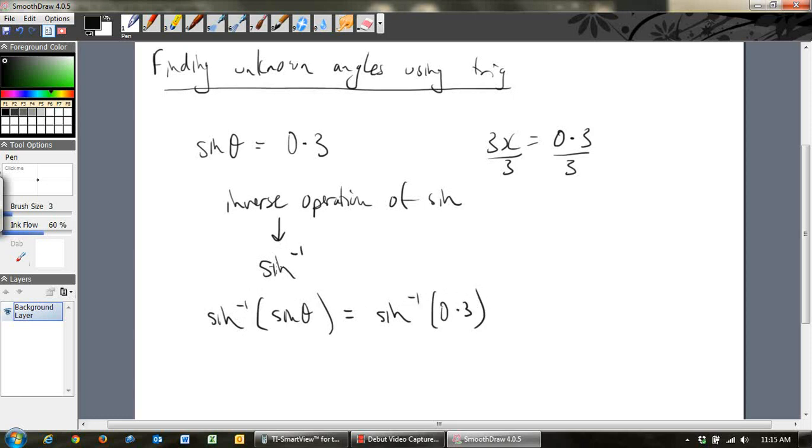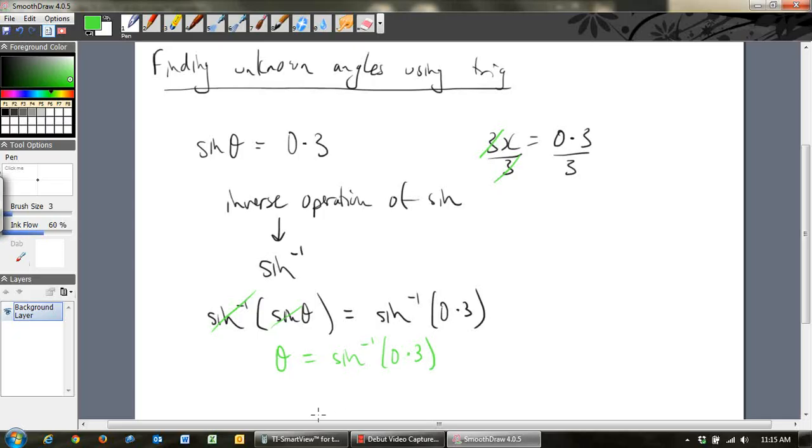Can you see how we applied sine -1 to both sides here? And just like when you times and divide and that 3 will cancel out with that 3, this sine -1 will cancel out that sine. It undoes it. And so what you're left with is theta equals sine -1 of 0.3.